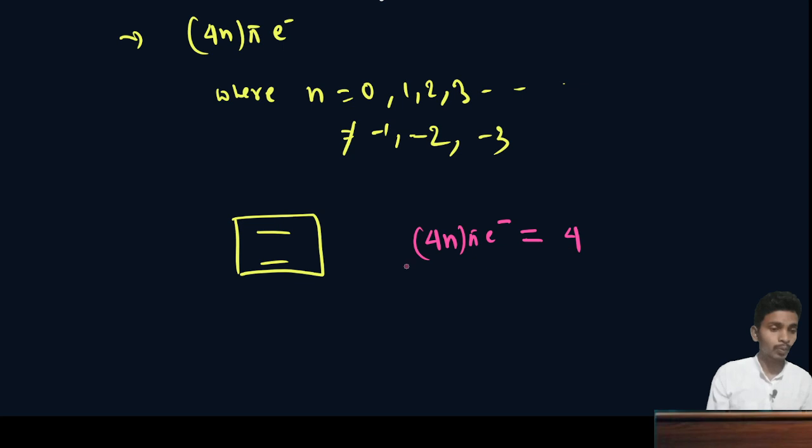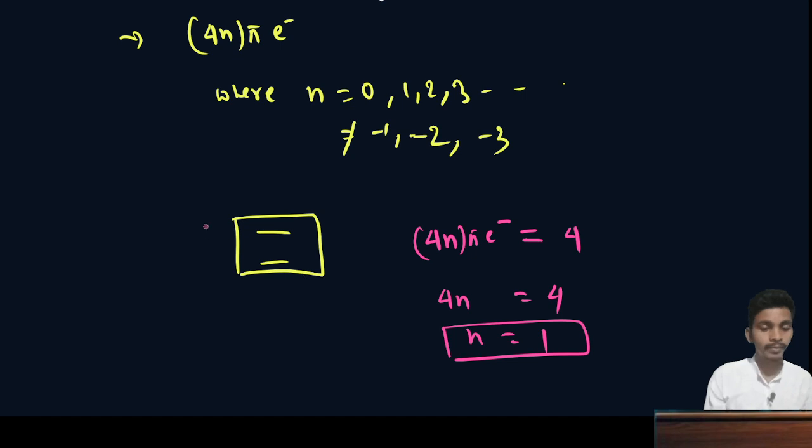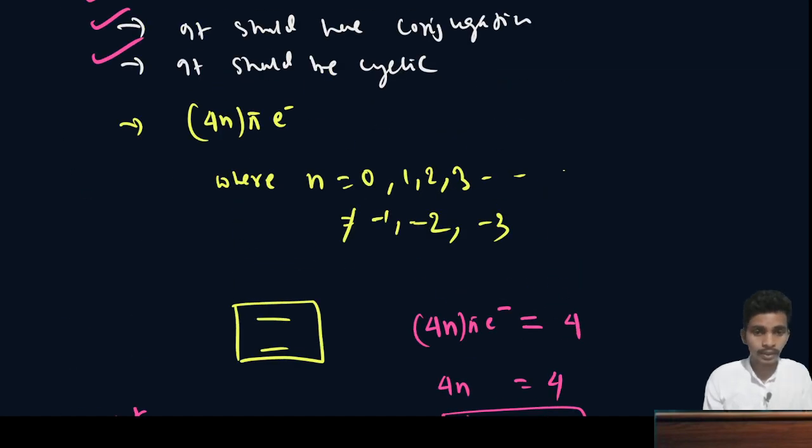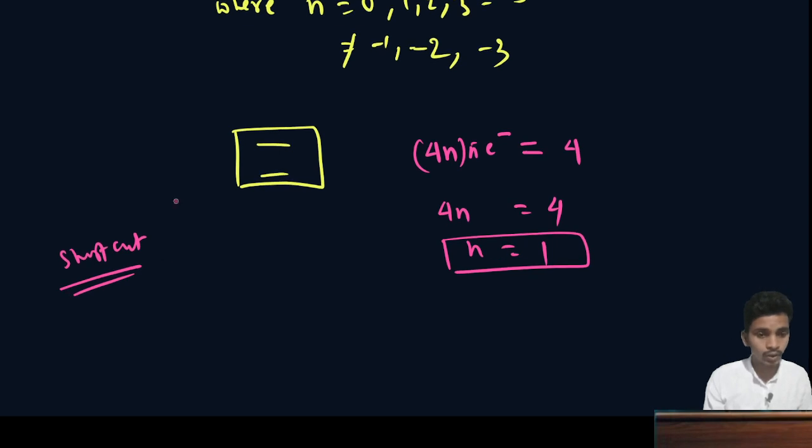Okay, it has 4. Now 4n equals 4, so n has to be 1. So this is an anti-aromatic system. Or the shortcut is that we always remember: if it satisfies these three conditions, then just count the number of pi bonds. The number of pi bonds is 2, and 2 is even, so this is always anti-aromatic.